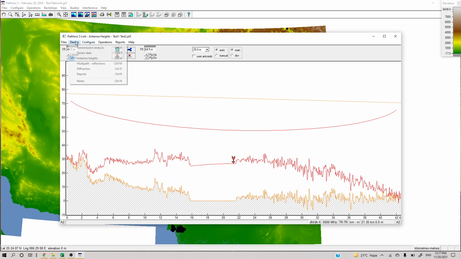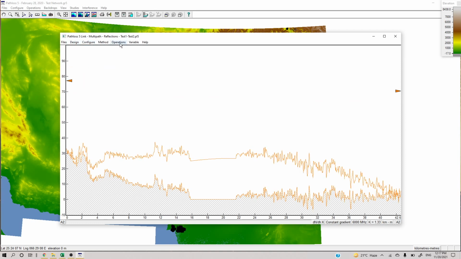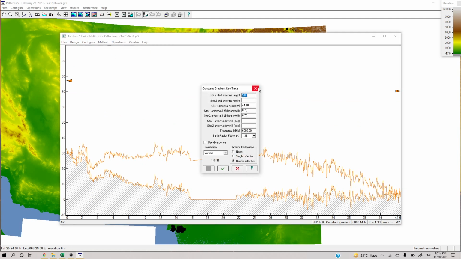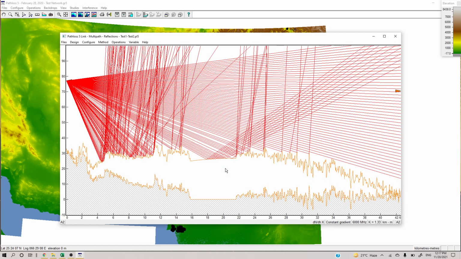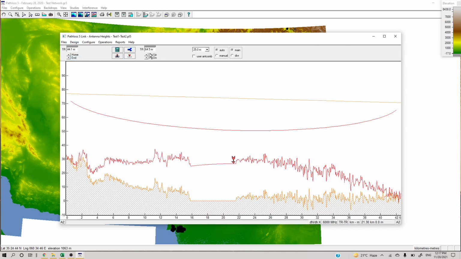Because here when we go into the multipath, I'm sure we will not find big issues, because it's almost in the center. Yes, we can see that if we put the other side higher, somewhere here, then this multipath will become a problem for us. Currently, the dishes are on 44 and 64.